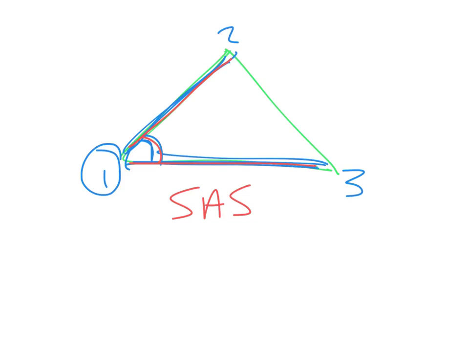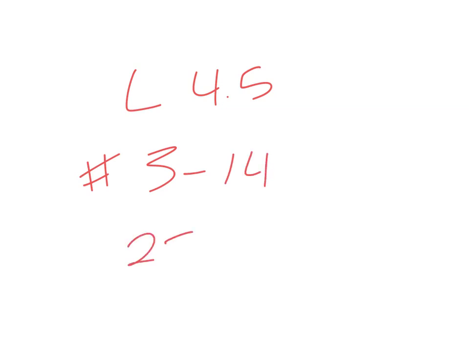Okay? So you'll just say enough or not enough. And then the last part of your homework is to use the postulates that you've been taught to tell me what segment it's congruent to. If you're confused, just come ask me. I'll help you. So you're doing numbers 3 through 14 and 25 through 28.